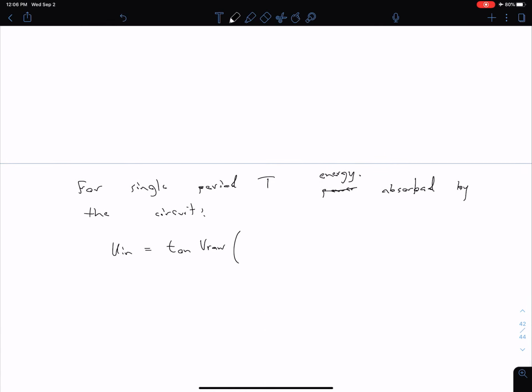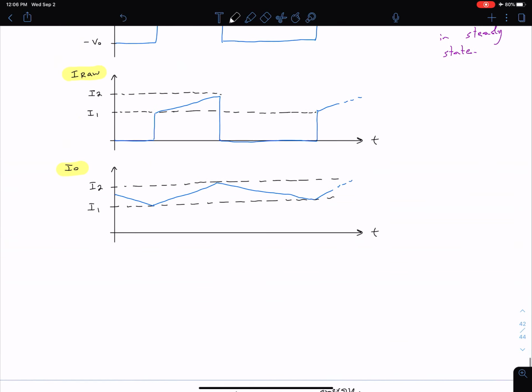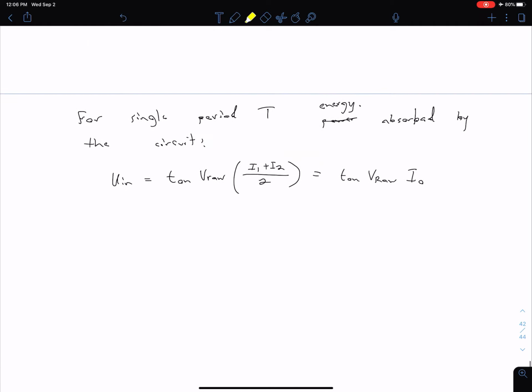So that's going to be I1 plus I2 divided by 2. So that's just going to be T_on V_raw, and we notice that that's the same as our output current. So in this region, our I_raw is actually the same as our output current. So we can just simplify that and say that that's I_out.